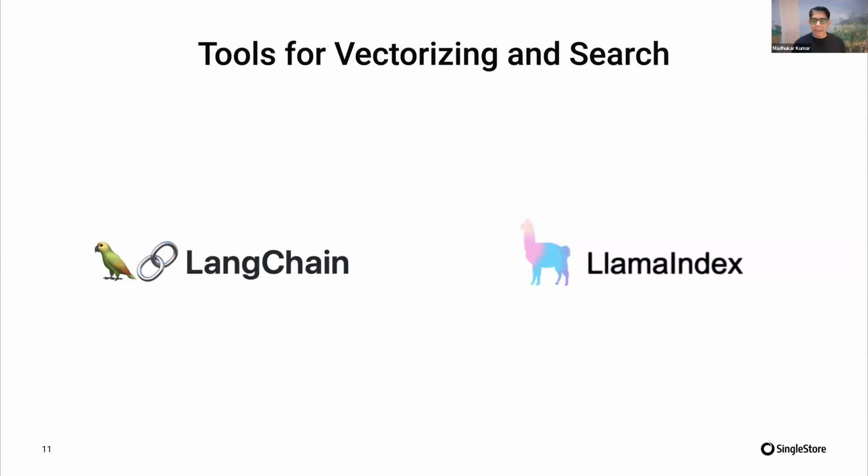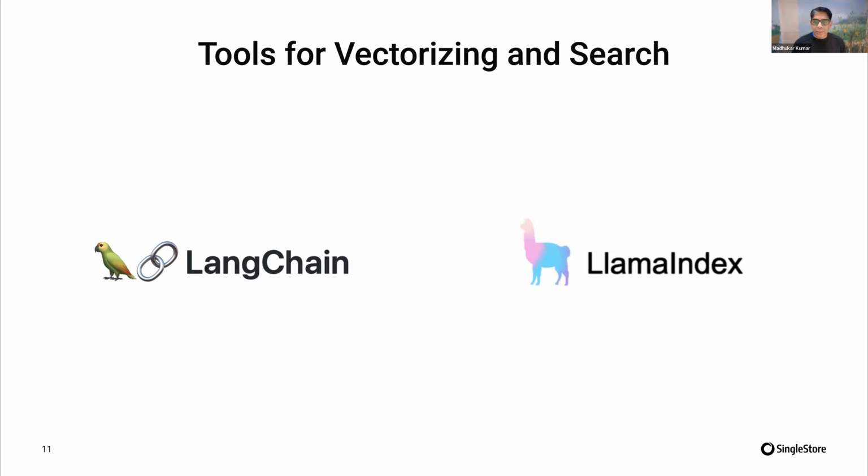One is LangChain and the other one is LlamaIndex. With LangChain, with a few lines of code, you can read a document, tokenize it, chunk it, create vectors out of it, and then do retrieval out of that. And LangChain has a connector to SingleStore as well, by the way.